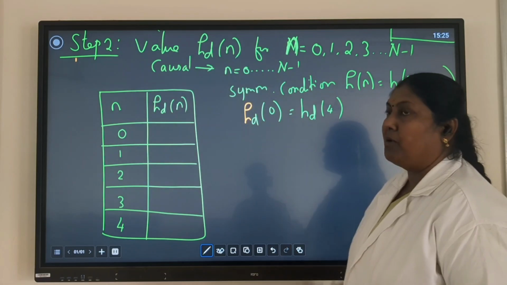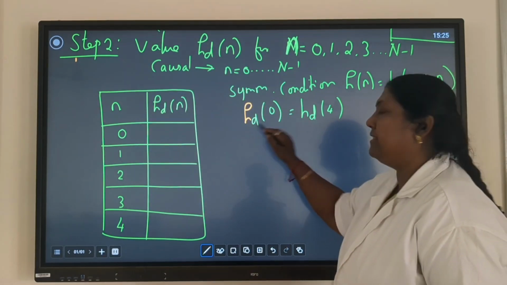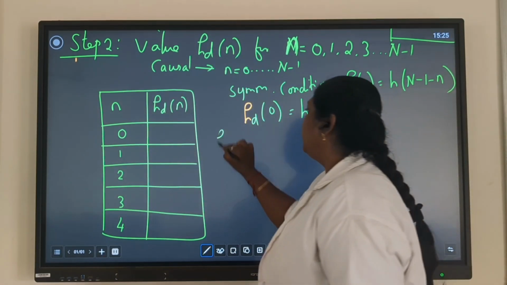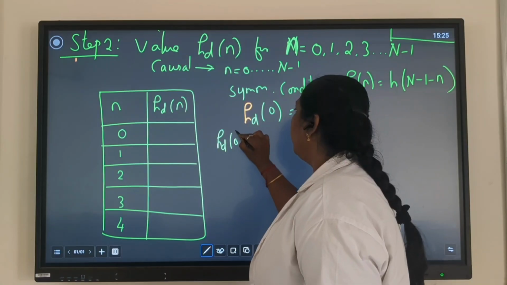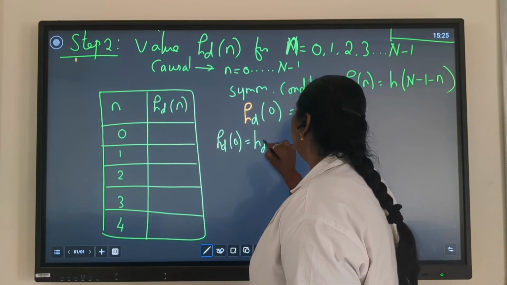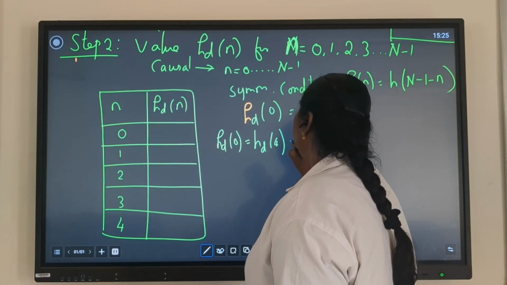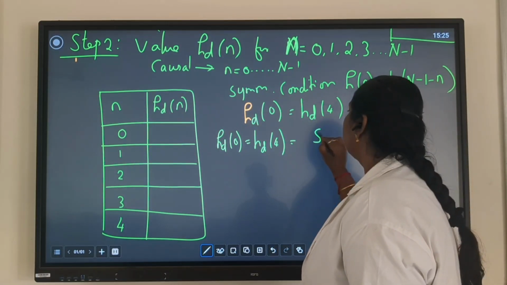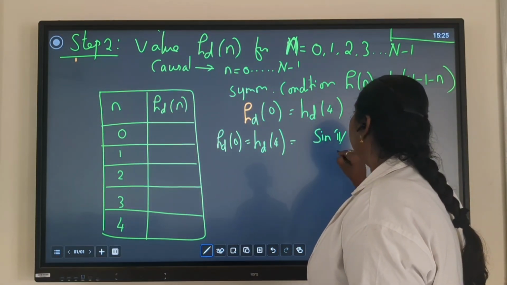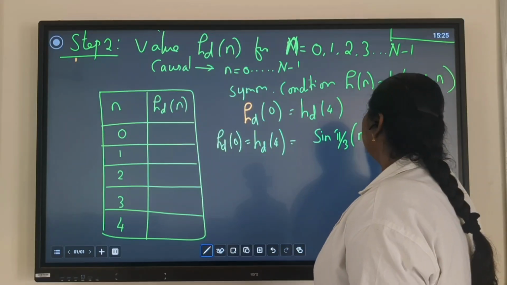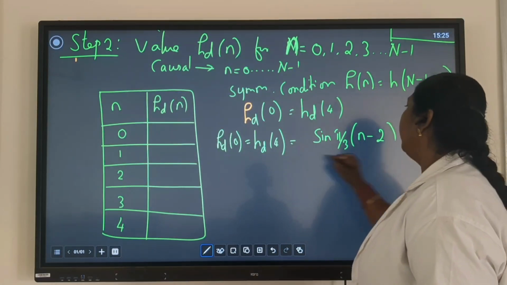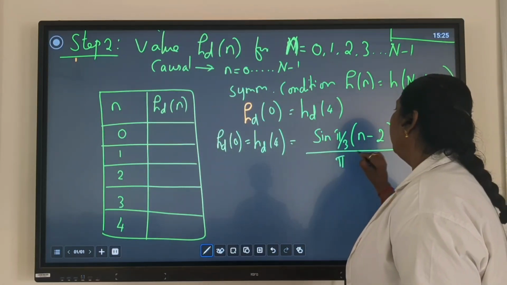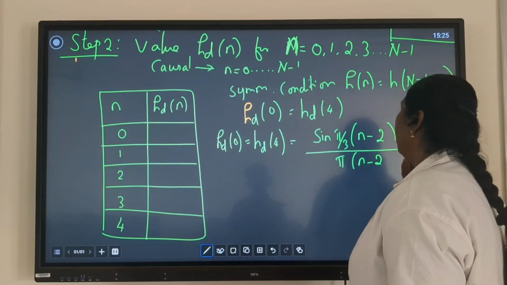So let me use the formula above and get the values for hd of 0 equal to hd of 4. From step 1, what is the formula we have got for hd of n? It is sine of pi by 3 into n minus 2, divided by pi into n minus 2.